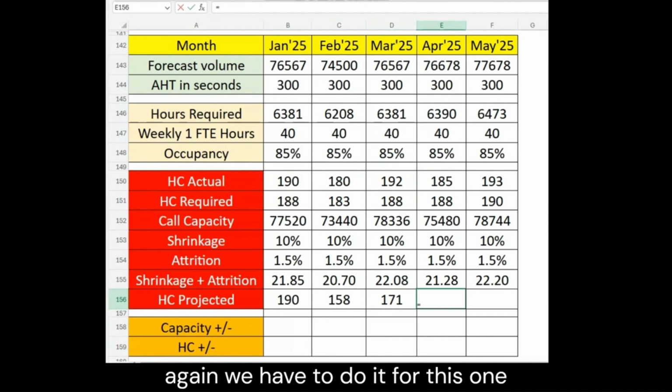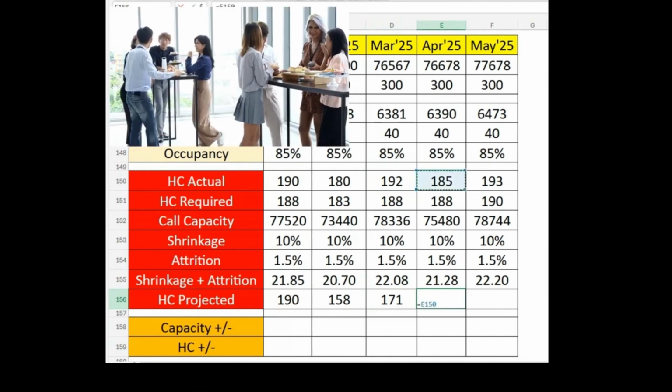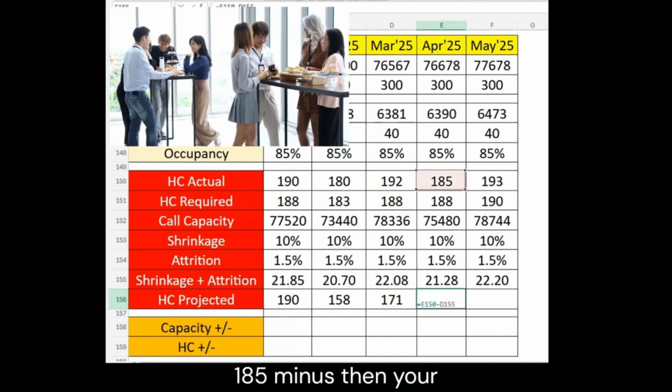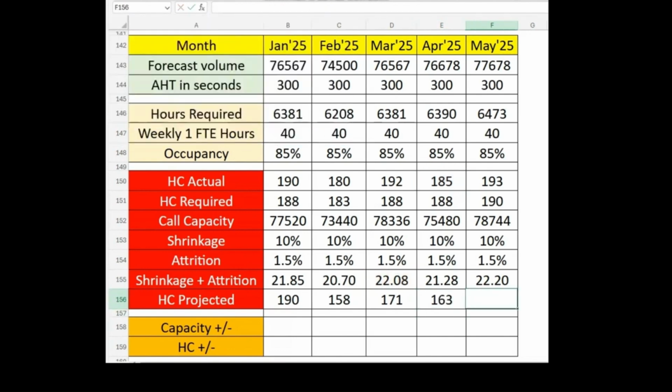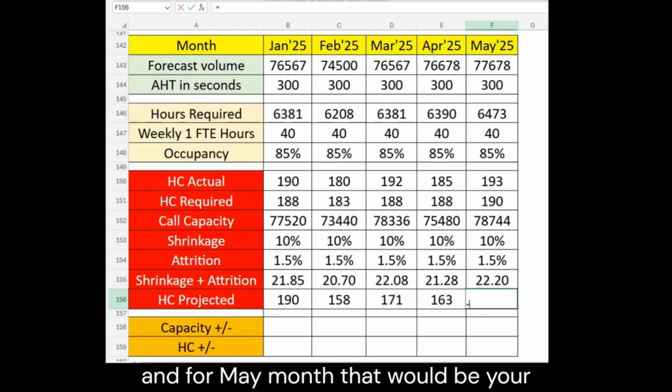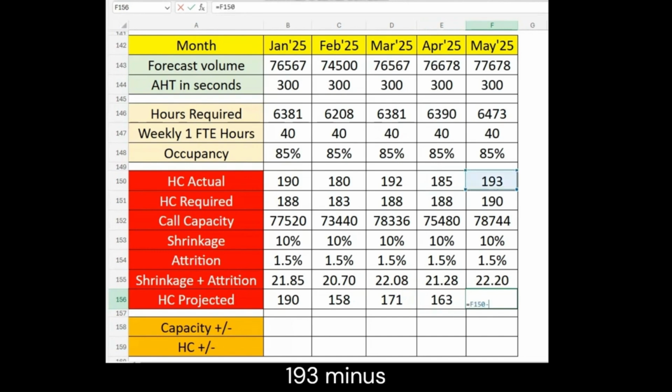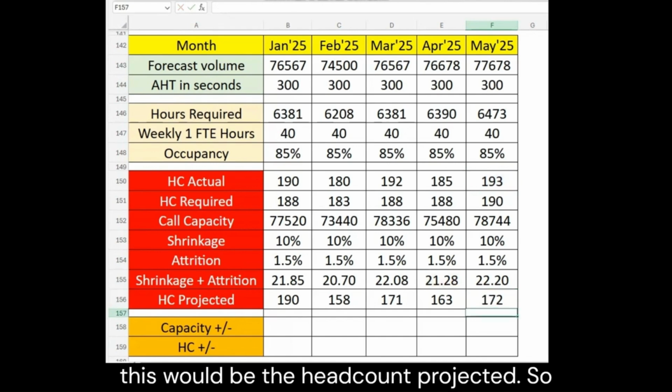Again we do this for the next one, 185 minus your March shrinkage plus attrition headcount, and for May month that would be your 193 minus 21.28. So this would be the headcount projected.